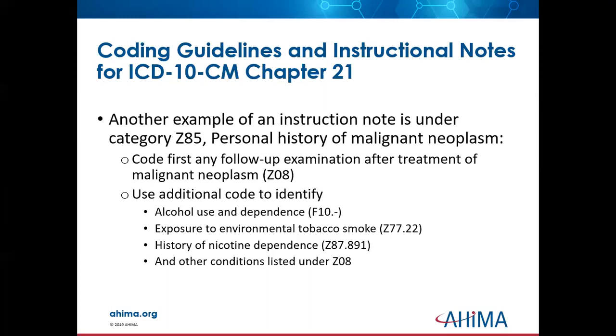We also want to make sure that we code any alcohol use or dependence, exposure to tobacco, history of nicotine dependence, or any other conditions that are listed under category Z08, personal history of malignant neoplasm. History is the main term, personal, and then malignant neoplasm.